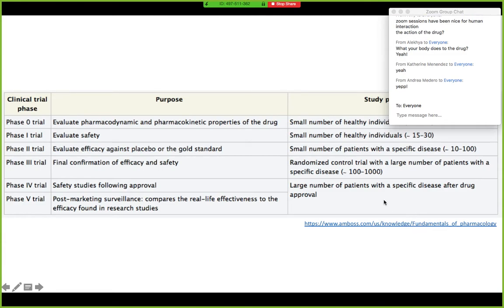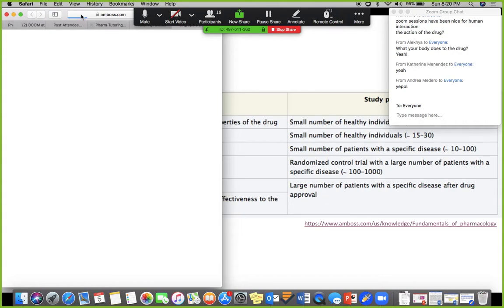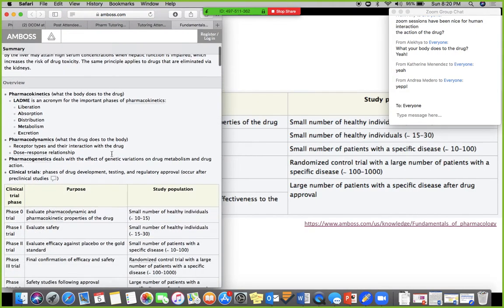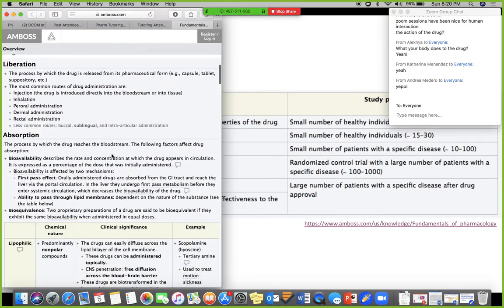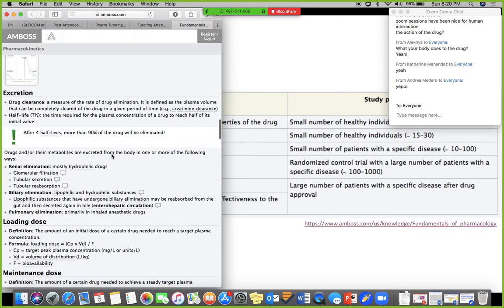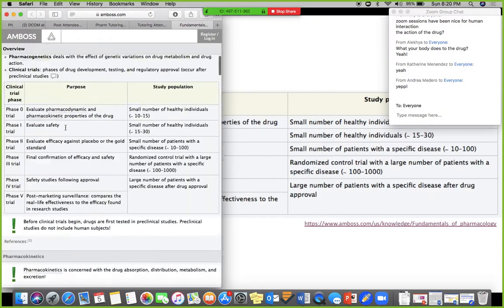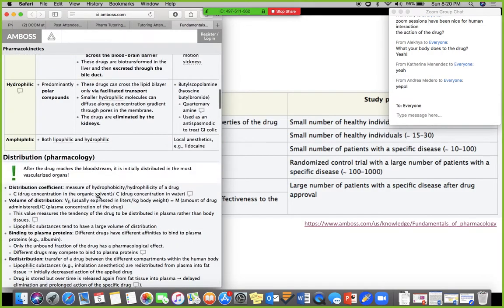One of the things that he recommended and is really great is that you can type in pretty much any med school related topic and put Amboss after it, and it's going to give you, obviously you just have to ignore this, but it's going to give you a really great explanation of whatever you're looking for. So this is pharmacokinetics. As you can see, there's tons of great information on there. So just FYI on that.